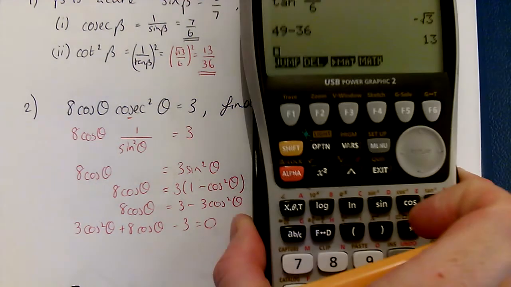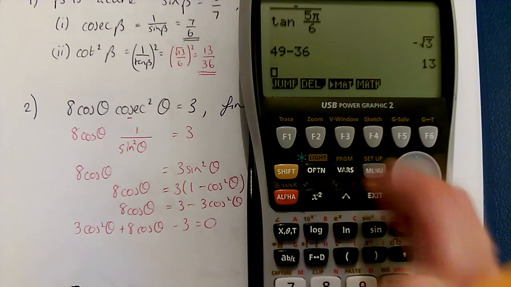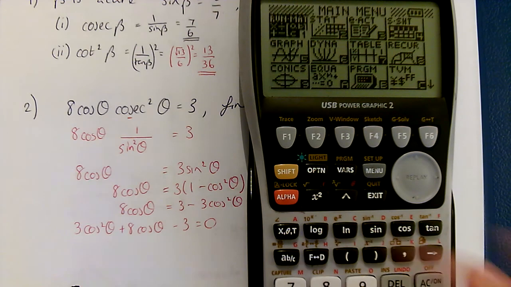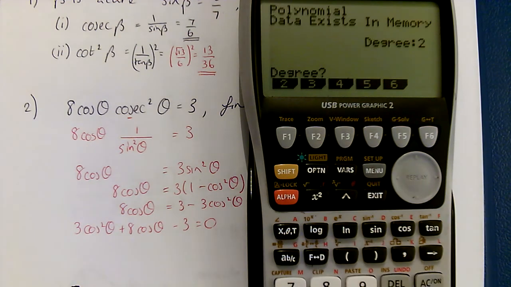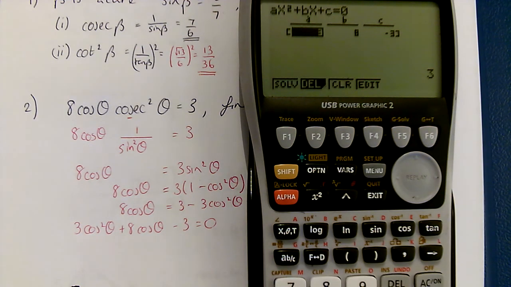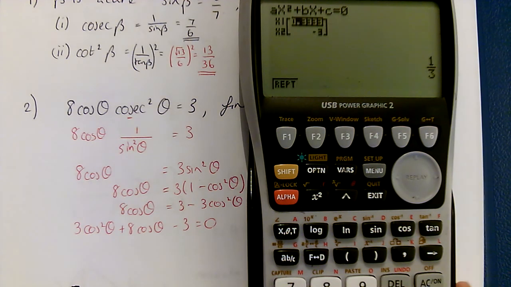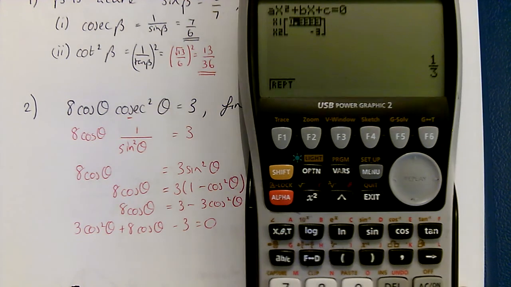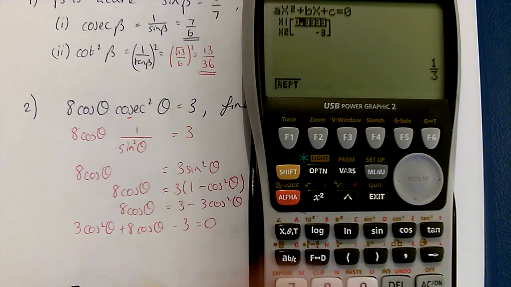I'm going to now use my calculator, and use the equation mode menu. I want a polynomial of degree 2. My coefficients are 3, 8 and negative 3. And if I solve that, I get 2 possible values for cos theta.